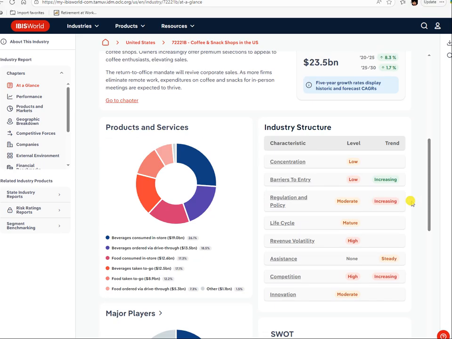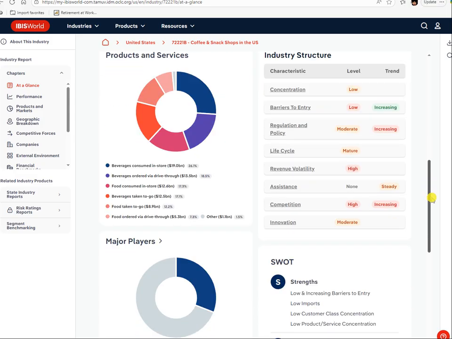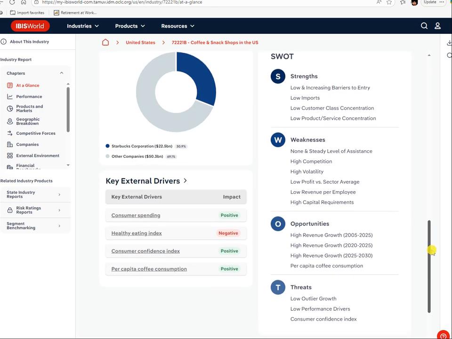And we have the typical industry analysis. Its concentration is low, barriers to entry low. These are the typical five forces analysis, and SWOT analysis is also included.